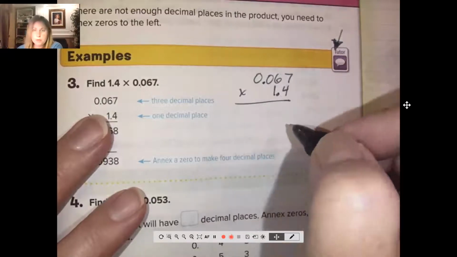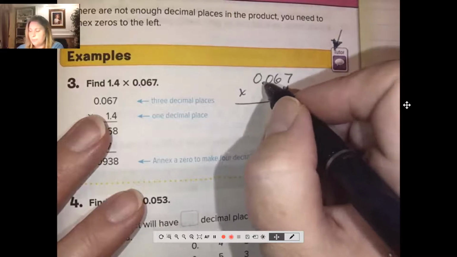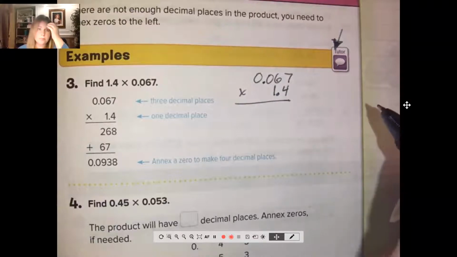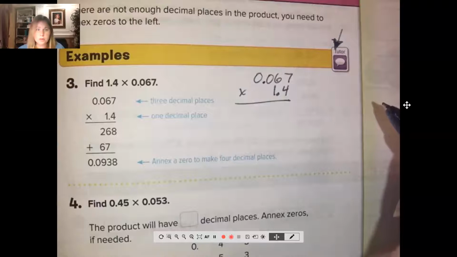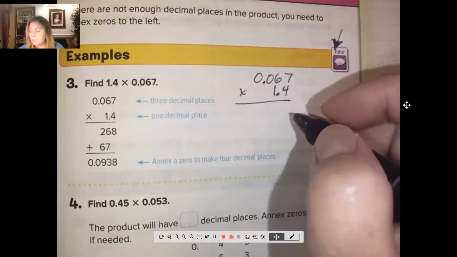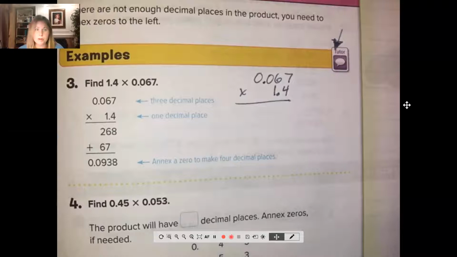I don't give out graph paper. I think you just need to practice being precise, practice having rows and columns that are consistently spaced. The more you do that, the better you get at it. But if you feel like you need graph paper, that's a personal decision, and there are a lot of free sites where you can print graph paper.